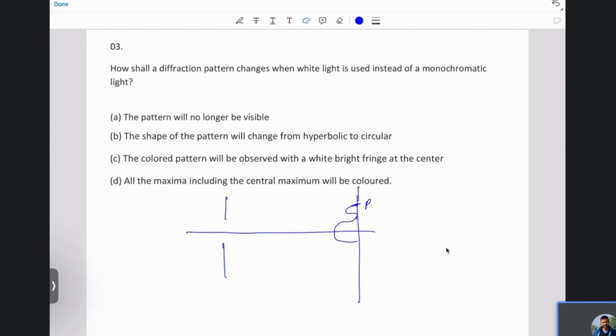I'm saying you need a coherent light source to produce a diffraction pattern, but we know that white light is not coherent. Are you sure?